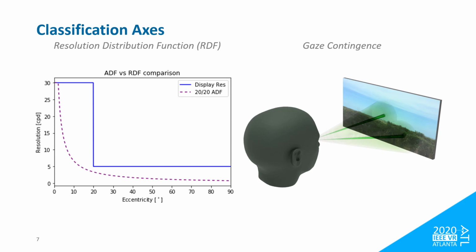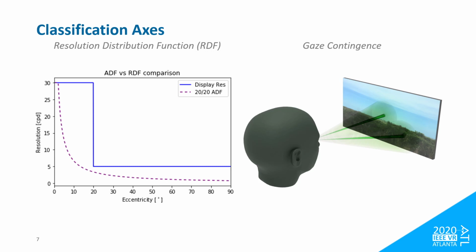The RDF is only defined for an instantaneous gaze direction, since any change in gaze has the potential to move the origin. Thus, the concept of gaze contingence becomes essential, which is the degree to which the display is capable of responding with a consistent RDF as the gaze shifts, or the user foveates.